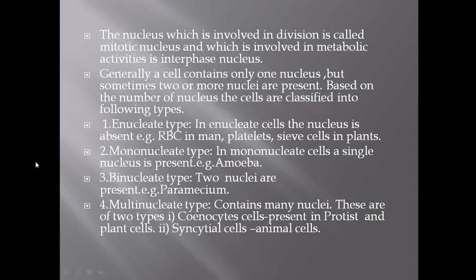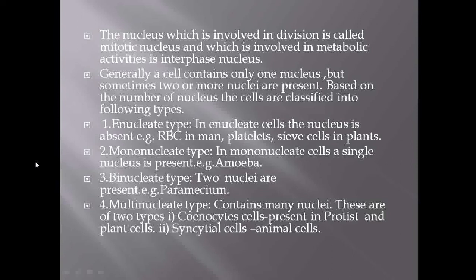When there is no nucleus in the cell, like the RBC in man and the platelets and sieve cells in plants, such cells are called enucleate types because there is no nucleus.